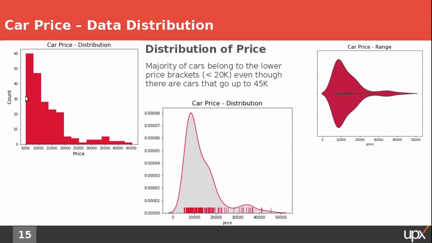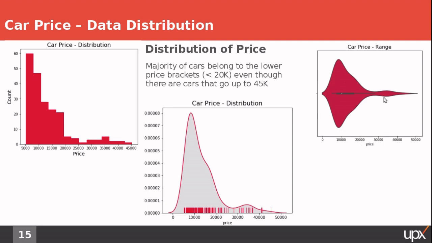On the left hand side, you can see that the majority of the vehicles belong to the budget category, between 5,000 and 15,000, 20,000 range. On the right hand side, we have a violin plot, which also demonstrates the same behavior. Majority of the vehicles are concentrated around the $10,000 mark.